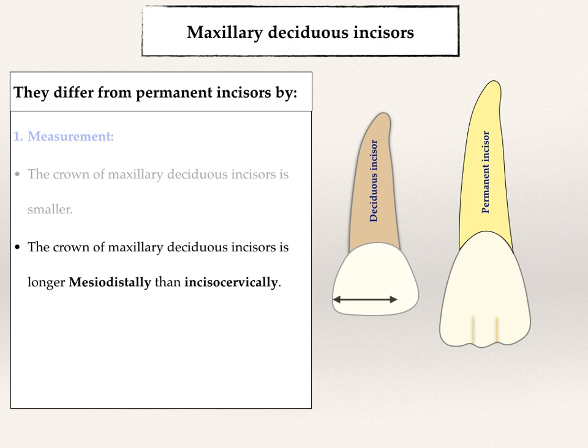This is the mesiodistal dimension, and this is the incisocervical length. And the reverse is true: the mesiodistal dimension of the permanent central incisor is less than the incisocervical.